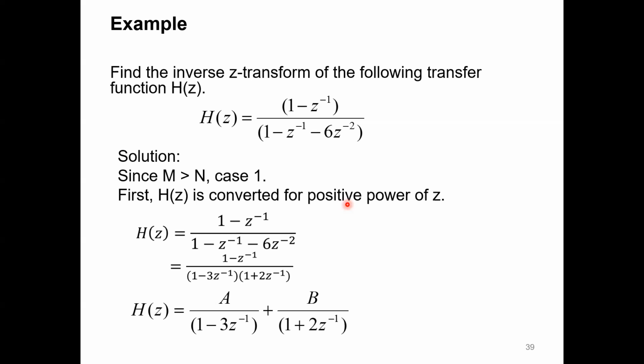Okay, so based on what we have learned up to now, this is the numerator polynomial, the denominator polynomial, and obviously m is greater than n. This is higher order than this one. So this falls into case 1. We know what case 1 is.